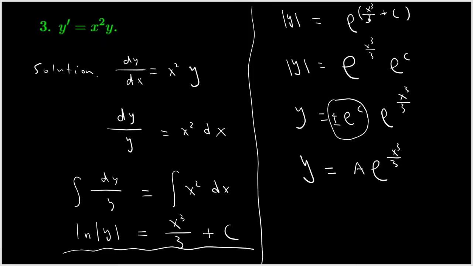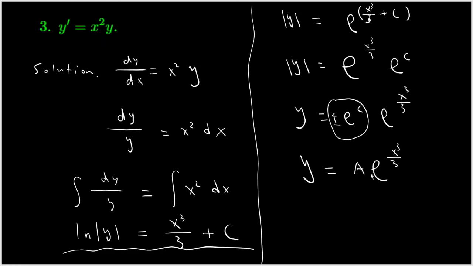According to the solution, a is an arbitrary positive number. Now let me try again, I said something wrong. According to the argument, a is an arbitrary non-zero number. One little more comment: when a is 0, you can check the constant function y equals 0 is also a solution to the ODE.